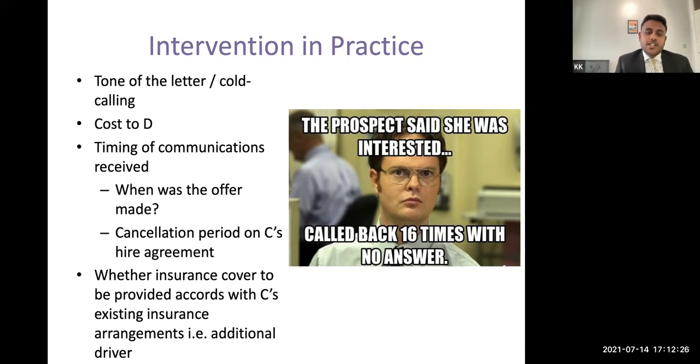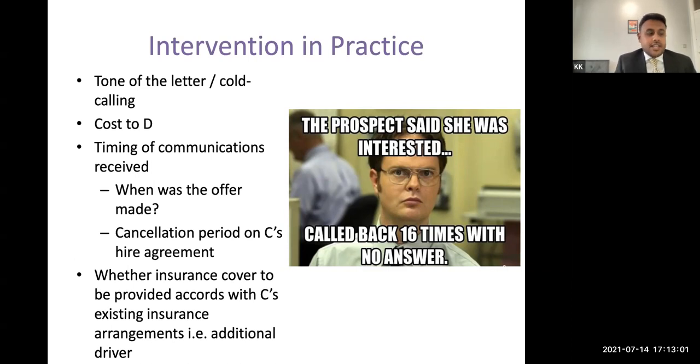The situation is slightly different if there is a cold call which is followed by a letter, an actual intervention letter being provided. In that case one may argue that it was just a call to touch base and to see whether the claimant was interested in considering other offers, and that further information would follow in order to allow the claimant to consider their position once they have a bit more time.